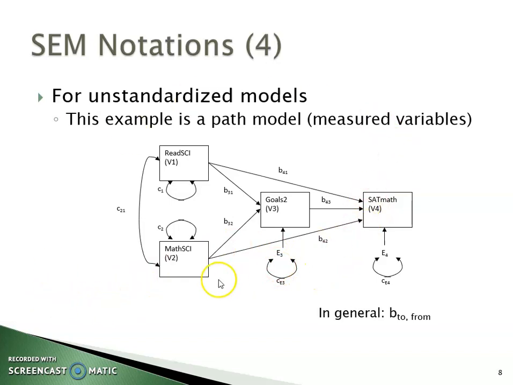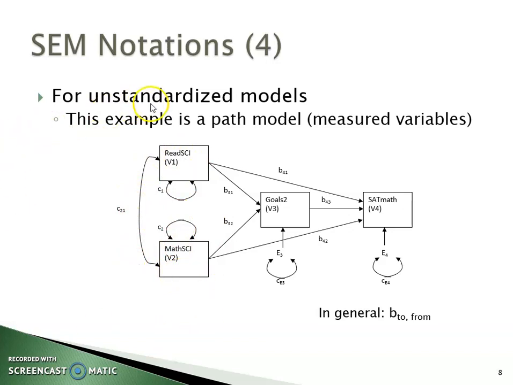This type of model we see here is an unstandardized model because you can see the variance for the exogenous variable, and you can also see the variance of the error component of the endogenous variables. In addition, you see this is the covariance, not a correlation between the two variables.